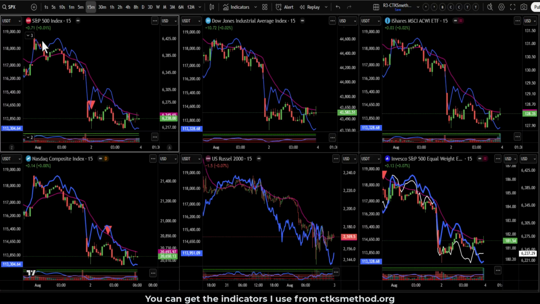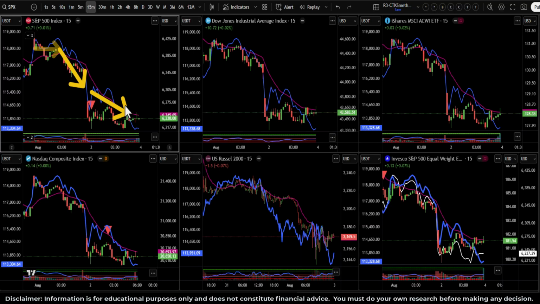Looking into row 3, which are the major market indexes, what we look at is the S&P 500, the NASDAQ, the Dow, and also the Russell. And we have this overlay of Bitcoin, which is the blue line. You can see that directional correlation is very, very strong. A lot of stock market investors haven't figured out that Bitcoin is an incredible risk-on and risk-off signal, just like the VIX.